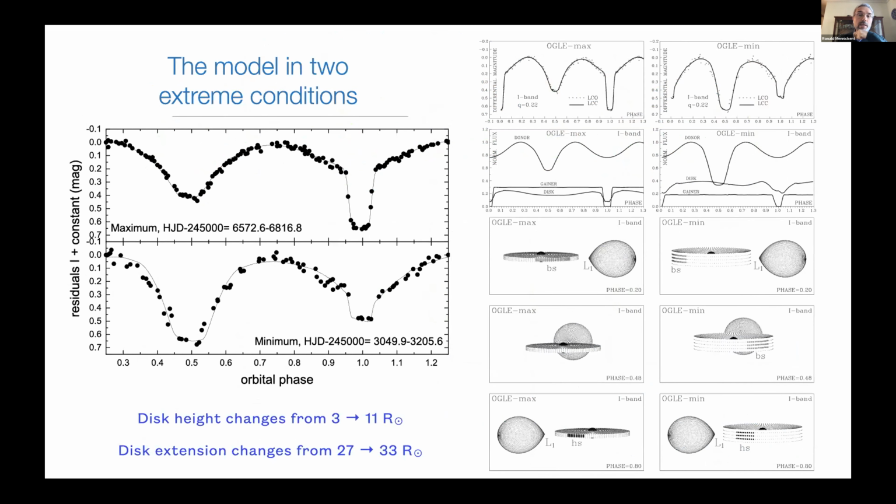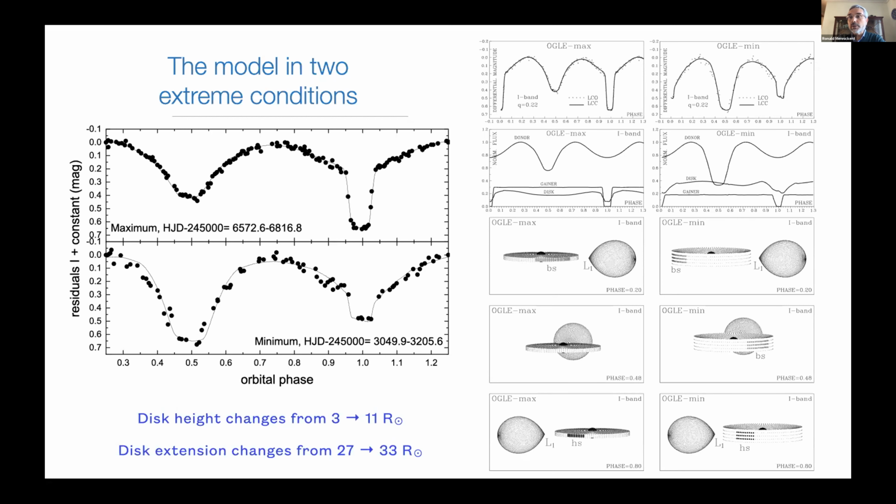We took two extreme examples of light curves when the secondary and the primary eclipse change the relative depth and model them with our accretion disk model. And we observe that the disk is thicker and larger in this occasion, and is thinner and smaller in this occasion.